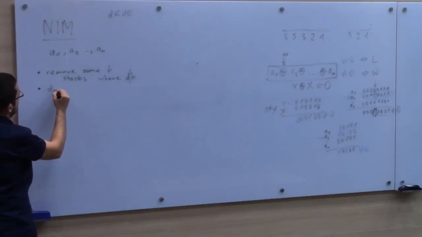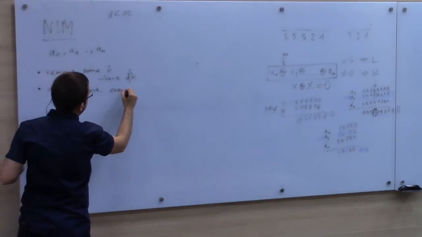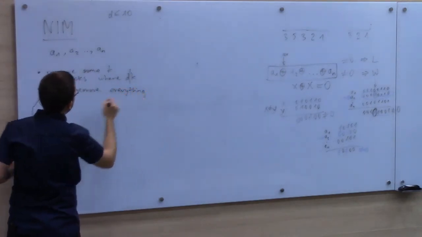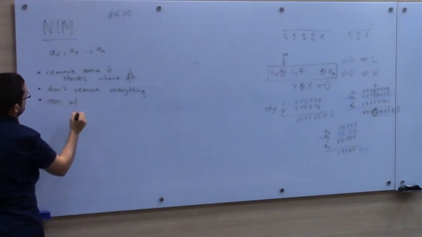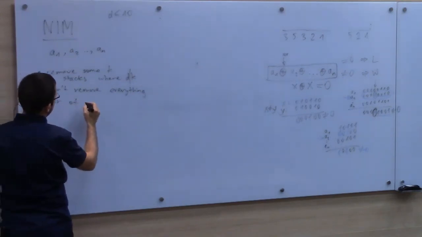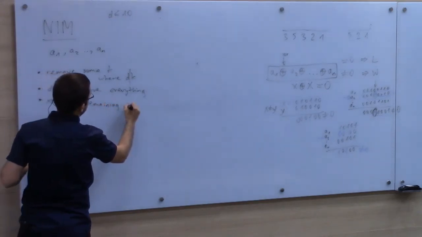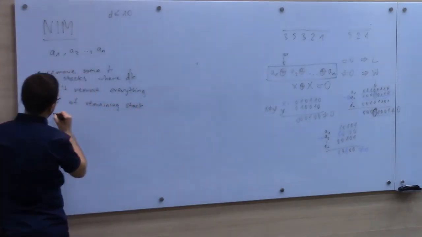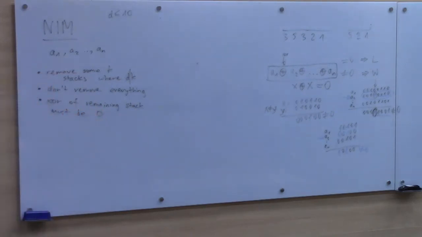Don't remove everything. And the XOR of remaining stacks must be 0. And we are asked how many possibilities we have to make such a removal.